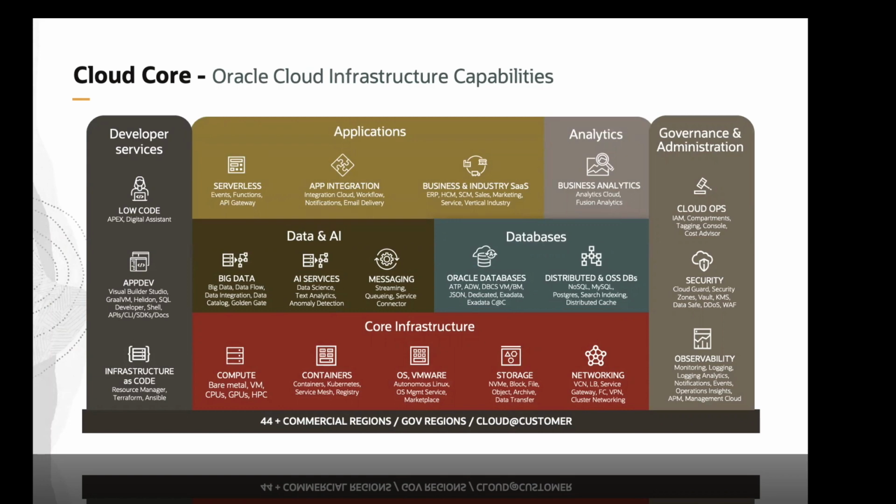Organizations can leverage core infrastructure services like compute, storage, networking as required. They have option to use from database services, both with optimized infrastructure and as a fully automated PaaS service.